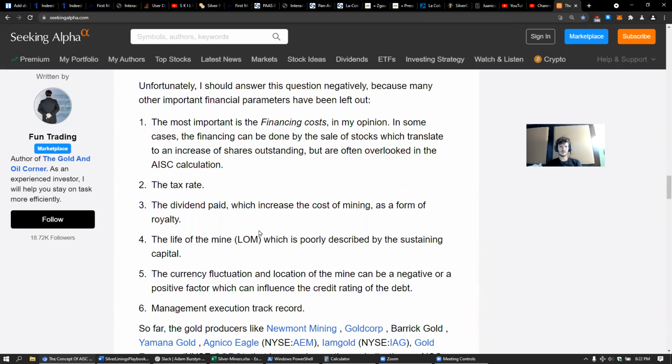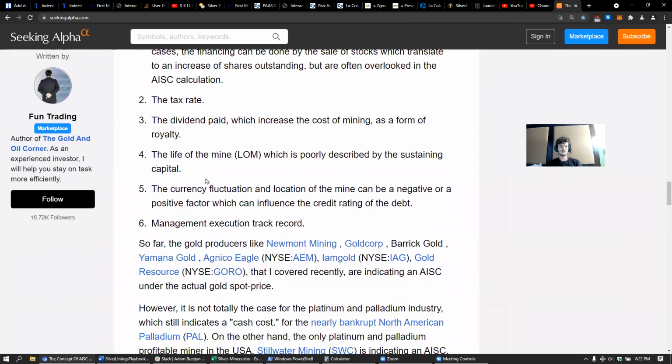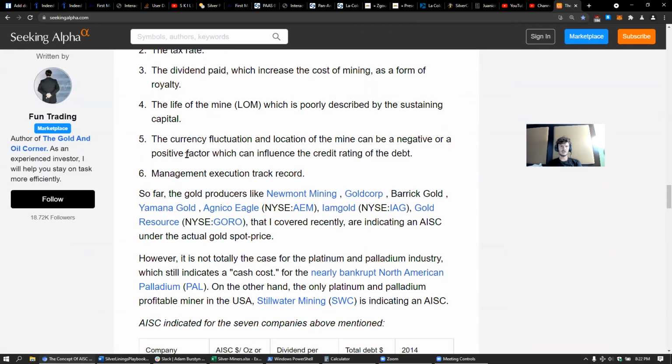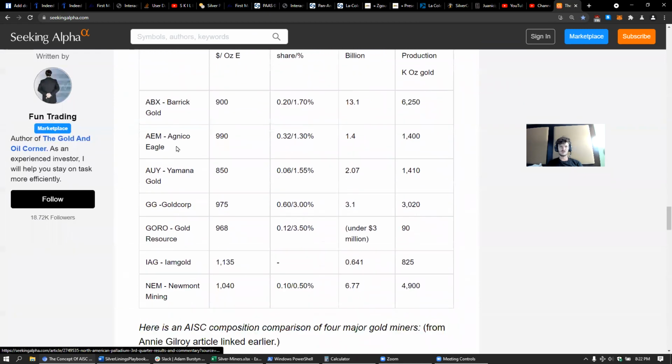You could include financing costs, dividends, and the net present value of the life of the mine. It would probably be a little harder to do currency fluctuation. I guess you could average out the currency prices for the last time period. It's kind of hard to do. And we're not going to get a number on management execution track record.